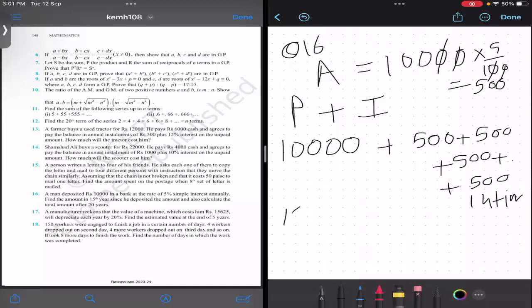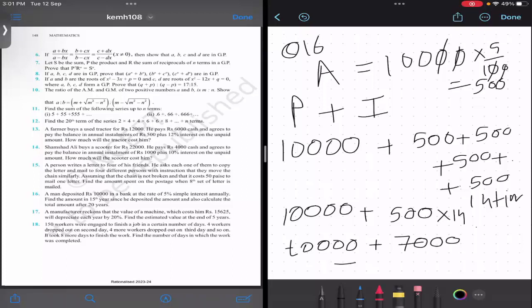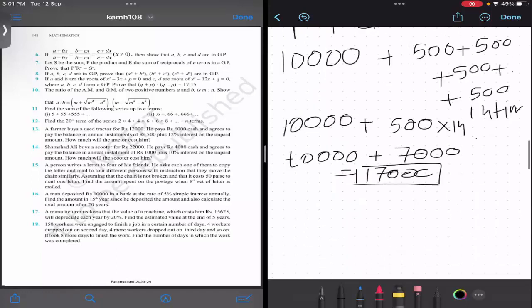So it would be 10,000 plus, here you would have a GP, 500 into 14, and this would be 10,000 plus 7,000, and this would be 17,000, right?